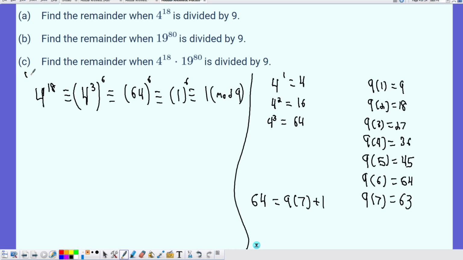And that solves part A. Okay, well, that was pretty easy. What else can we do?